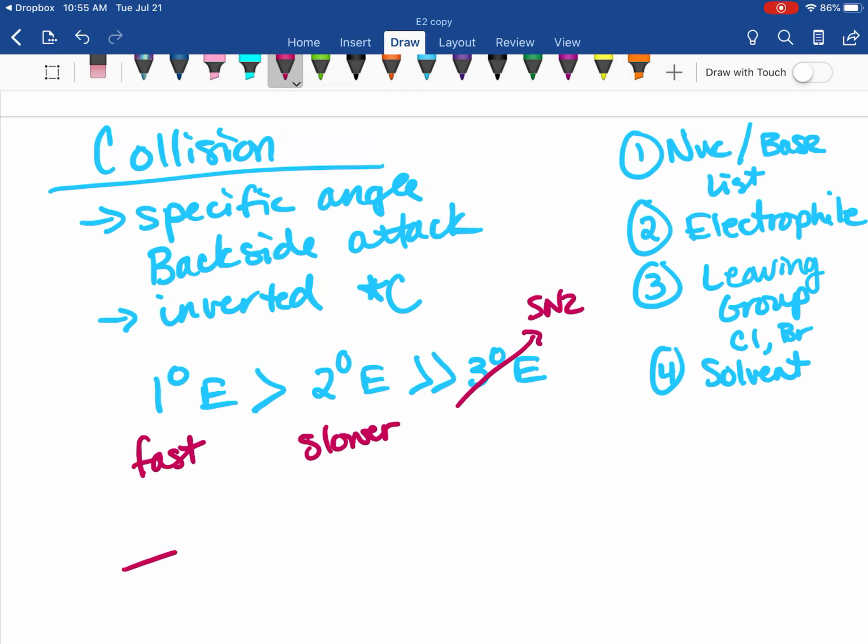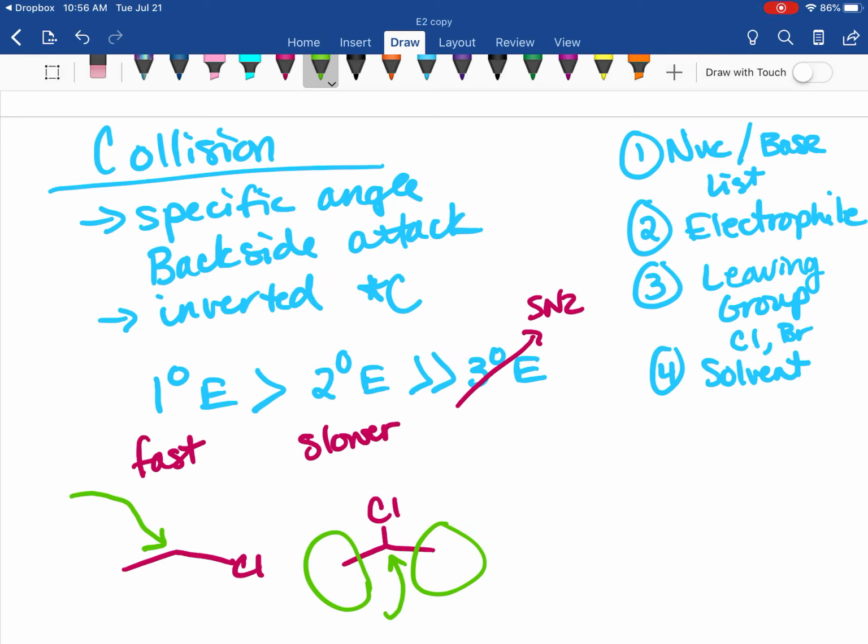Because of that collision and that backside attack, you have to have just the right angle. Well, when you start comparing a primary leaving group and a primary electrophile to a secondary, right here you have a nice free path to your backside attack, and now you're getting stuff in the way. In fact, think of those methyl groups and there's hydrogens there. Now you're getting steric hindrance.